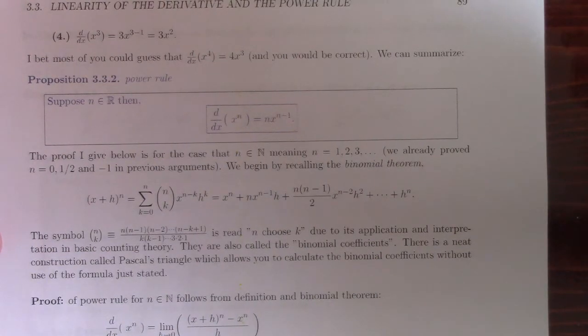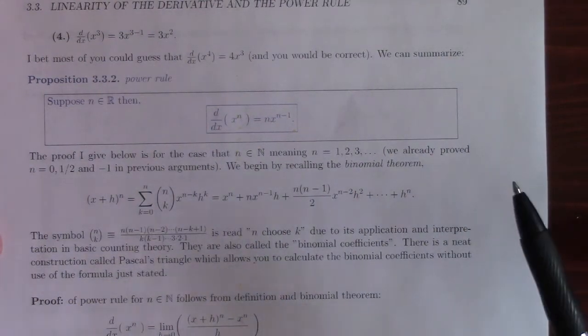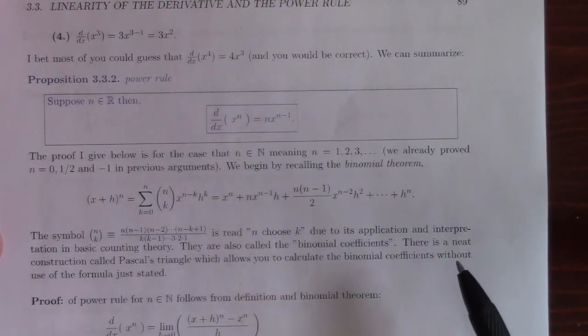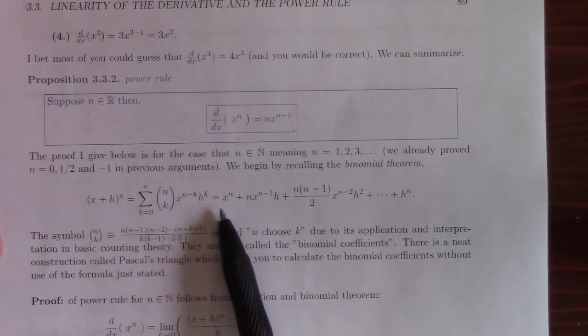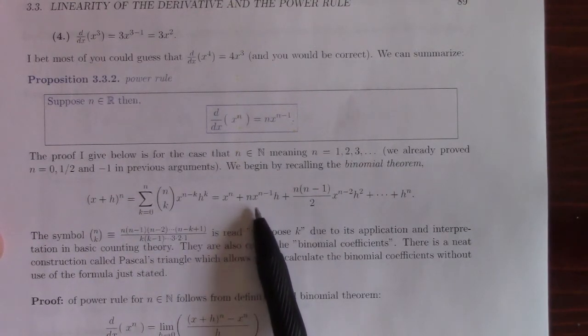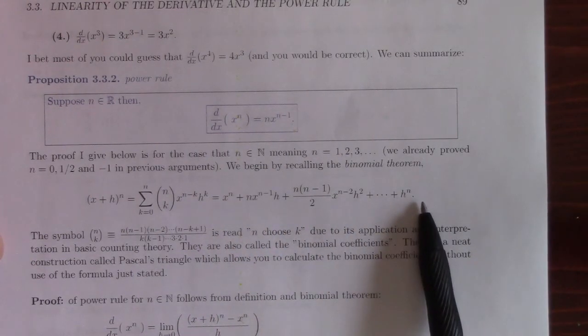It only really matters that there's an x to the n and then the next leading term. So (x plus h) to the n is x to the n plus n x to the n minus 1 times h, plus everything here has got a power of h squared or higher.